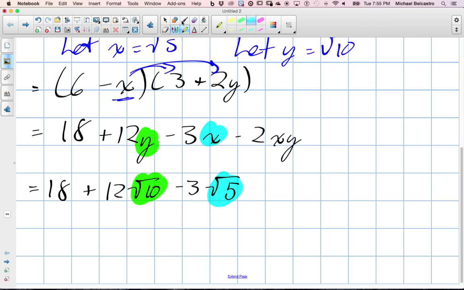And we do the same again here: x is root 5 times root 10, y is 10 and x is 5. Right now there's not much we can do, but this term here we can split.